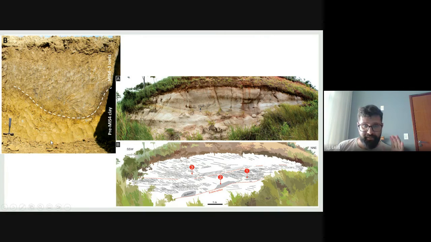Okay, it's really important to identify this, because especially in the tropics, when we dig very, very deep soils, some buried soils present wavy transitions, and these wavy transitions are generally related to high activity clays.